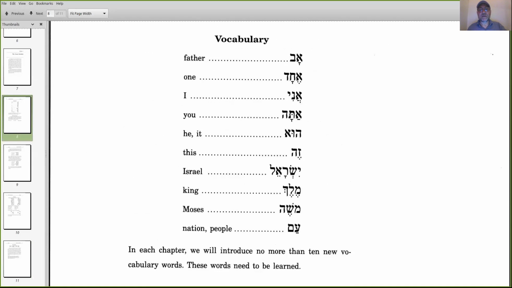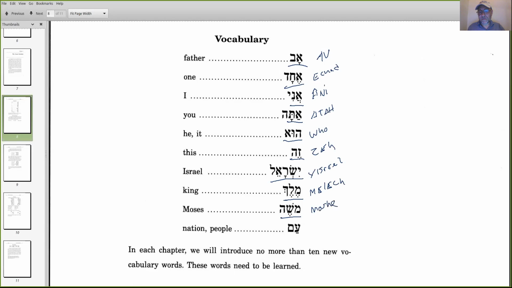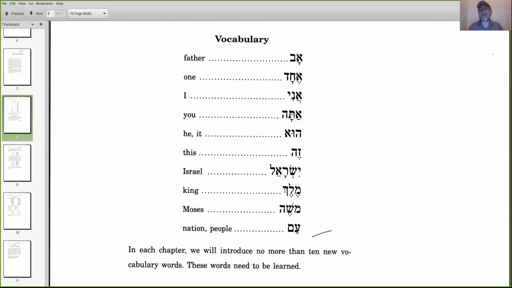Here we have Av, Echad, Ani, Ata, the word who, Zeh, Yisrael, Melech, Moshe, and the word Am, meaning nation or people. Okay, so you can see the translations there in the left-hand column.